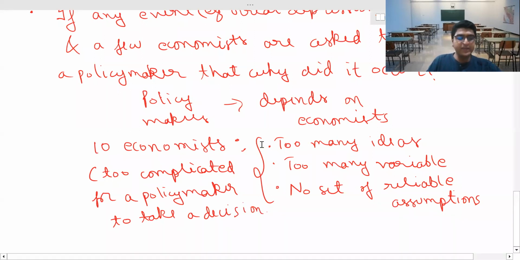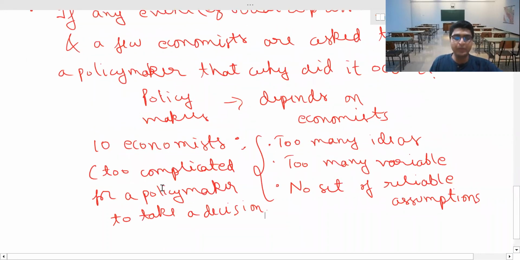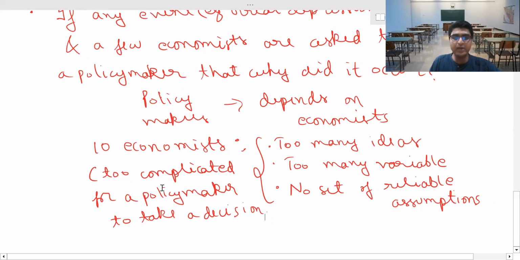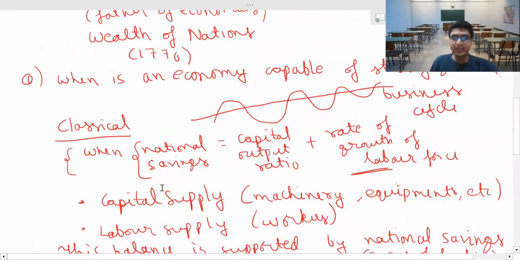So that's why we need a system or a model which relies on a relatively small number of variables, a system which is more than just some guesswork. And I am using the word guesswork because this equation is simply a guesswork. This is just a theory. This hasn't been proven. This hasn't been checked using the data.